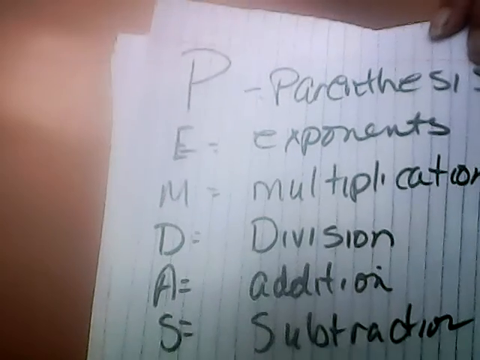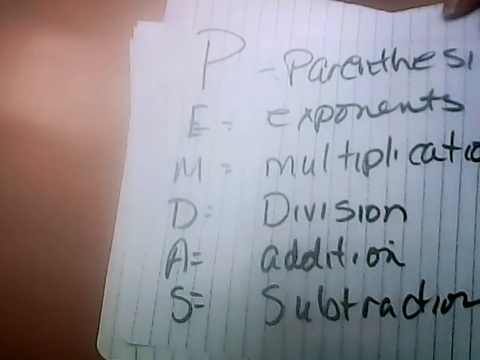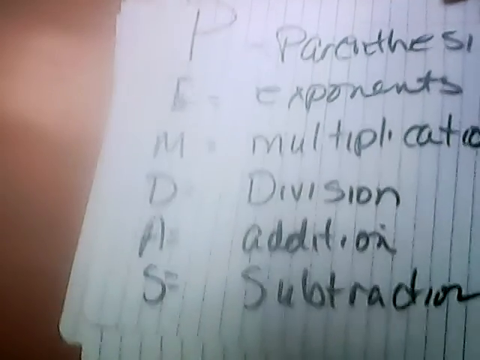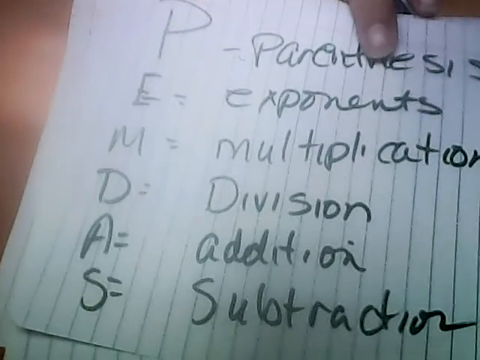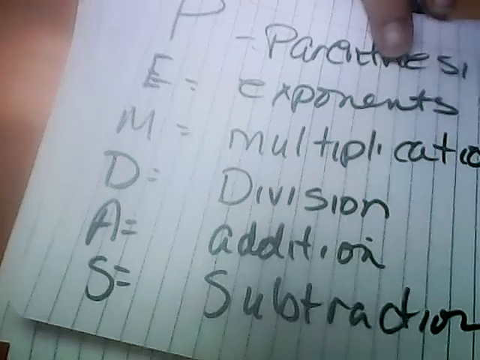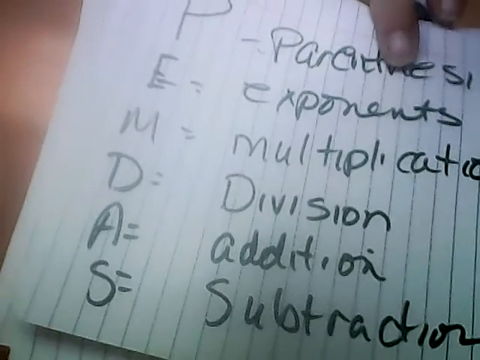So in looking at our PEMDAS, we can see that we have parentheses first, exponents, multiplication, division, addition, and subtraction. And that's the order in which you need to solve your expressions and your equations.